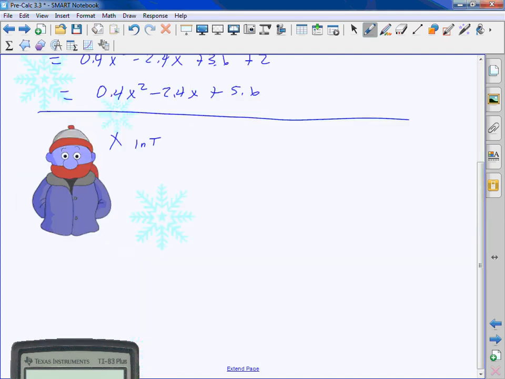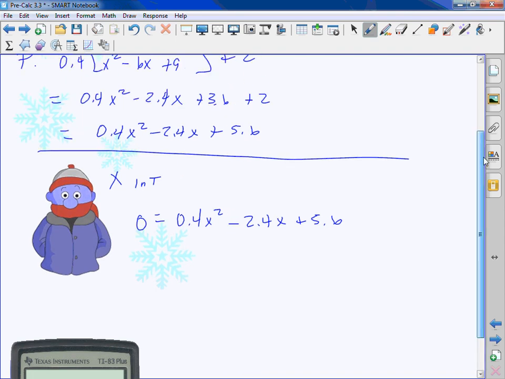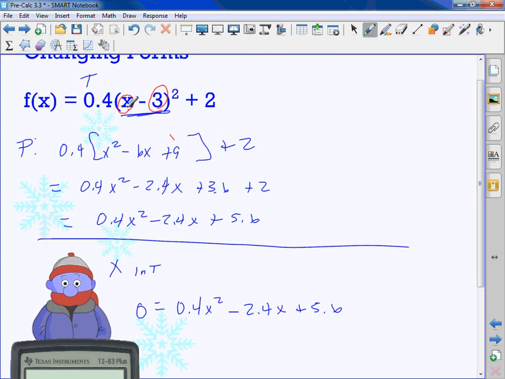Okay, how can we find X-intercepts? There's a bunch of different ways. Make the y 0. So I'm going to make 0 equals 0.4 x squared minus 2.4x plus 5.6. I could use this one, or I could have used this one up here.